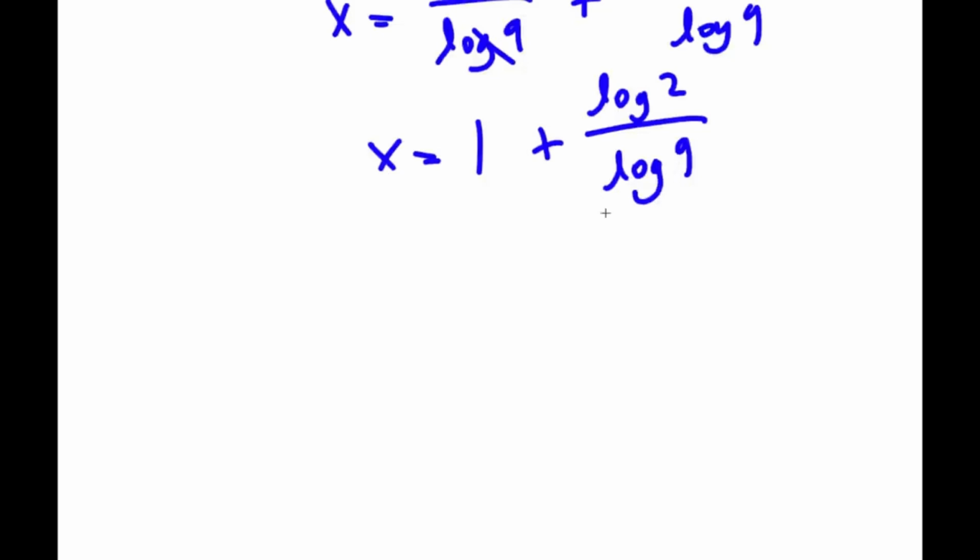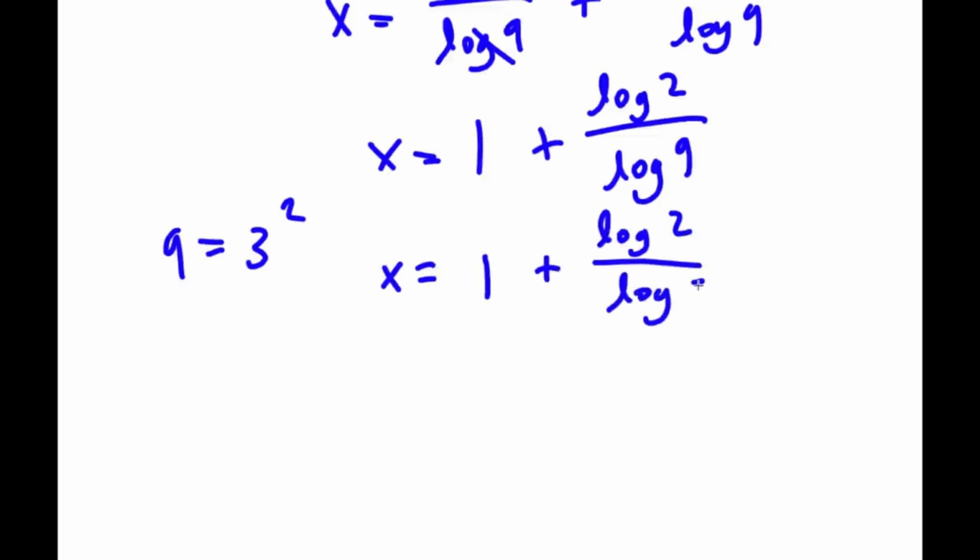Now, 9 is the same thing as 3 squared. So if I replace 3 squared for 9, I get x is equal to 1 plus log 2 over log 3 squared. Now remember the property of logarithms that states that if we have something in the form log a to the power of b, we can move our exponent b to the front of the logarithm, so this would equal b times log a.